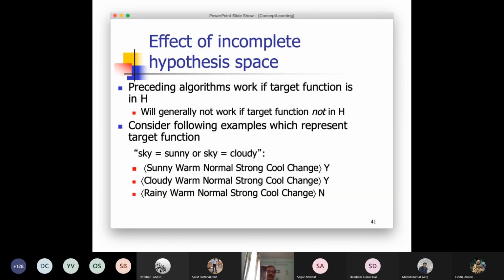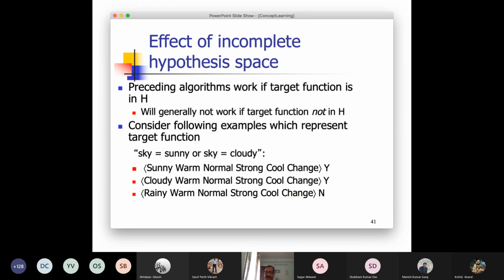You get sunny, warm, normal, strong, cool, change, yes. Cloudy, warm, normal, strong, cool, change, yes. But rainy, warm, normal, strong, cool, change, you get a negation, N.